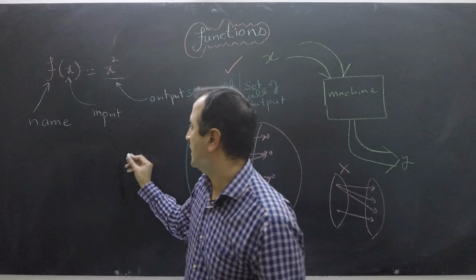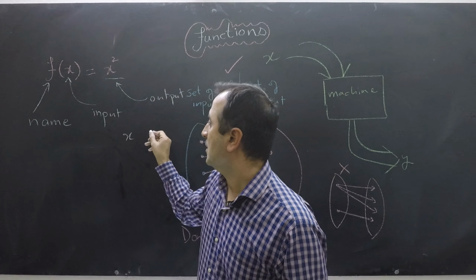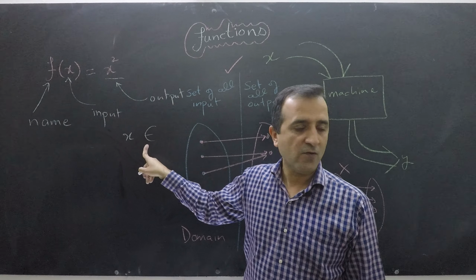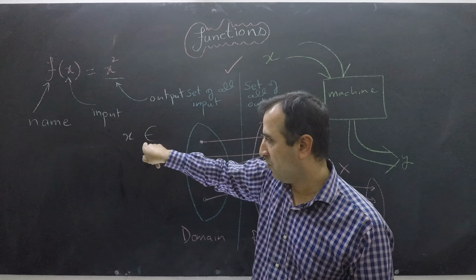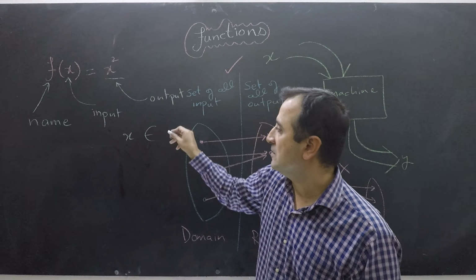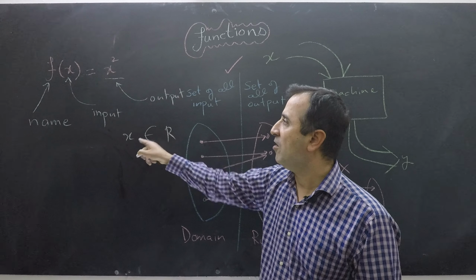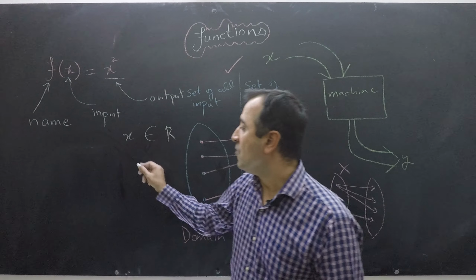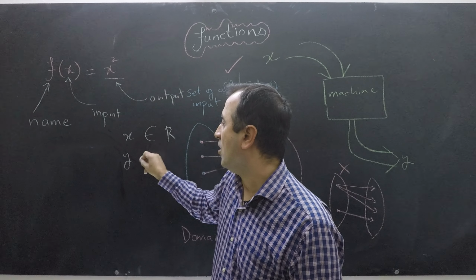So we say x is in R, where this sign means belongs to, member of, or in. That means x is all real numbers. Then we can say y is also in R.